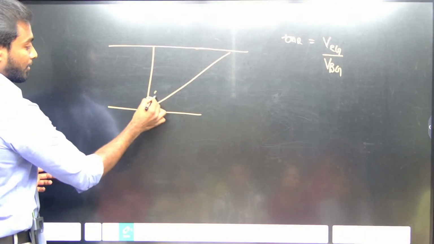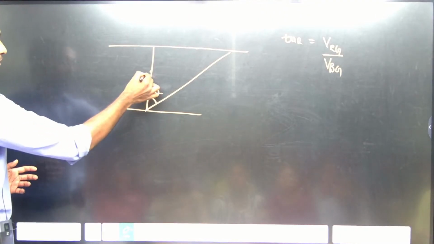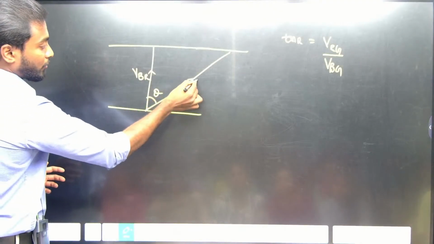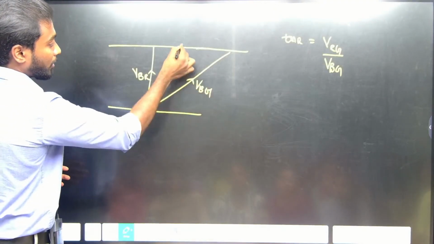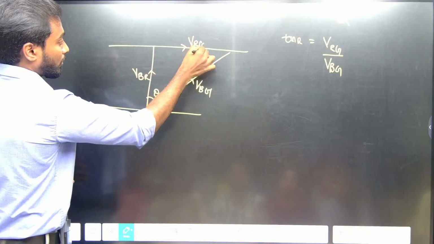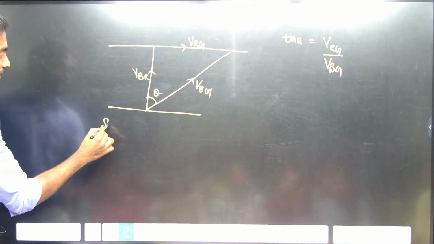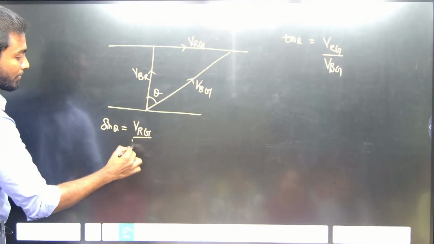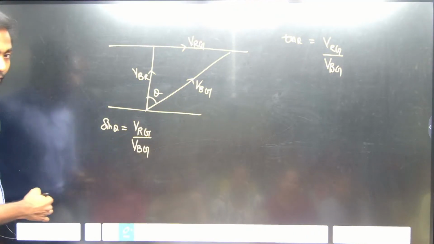So this is my angle theta, velocity of the boat with respect to river, velocity of the boat with respect to ground, velocity of the river with respect to ground. So sin theta, velocity of the river with respect to ground by velocity of the boat with respect to ground.